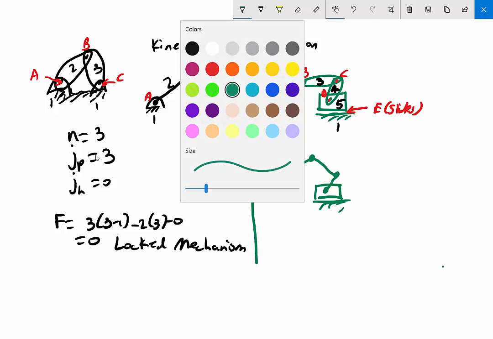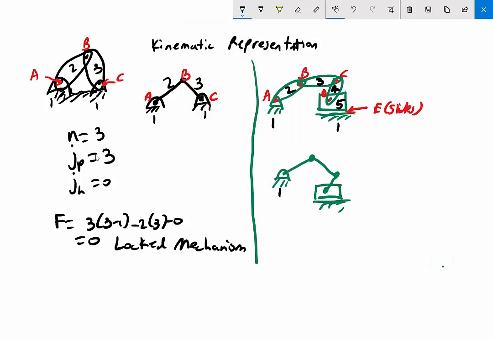So what do we have? 1 again, and now these have to be 2, 3, 4, and 5 because I've already assigned them. So typically for homework, you'll take your photograph, whatever it is, the drawing, you'll label right on top of it, and then you create your kinematic representation. So we got A, B, C, D, and E, which slides or is prismatic.